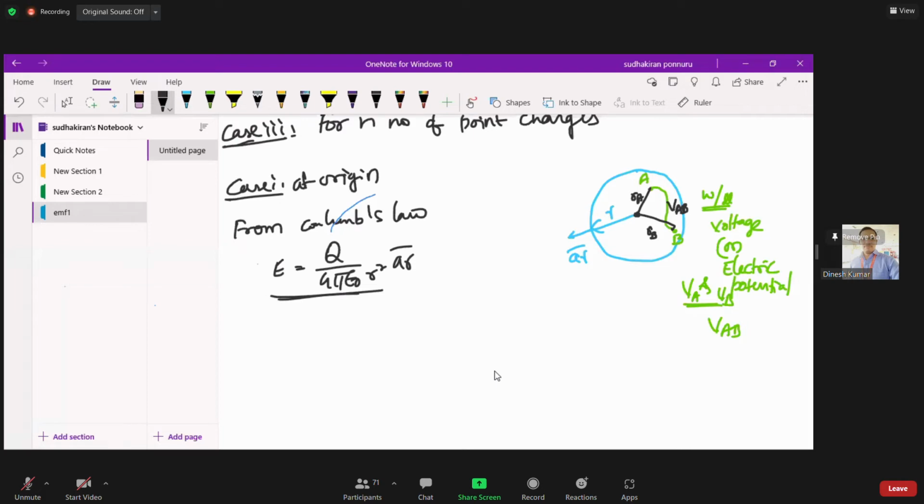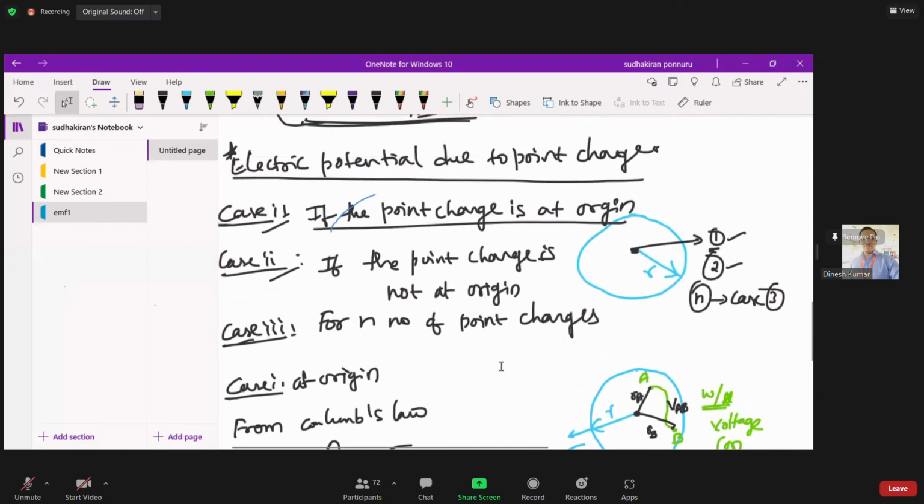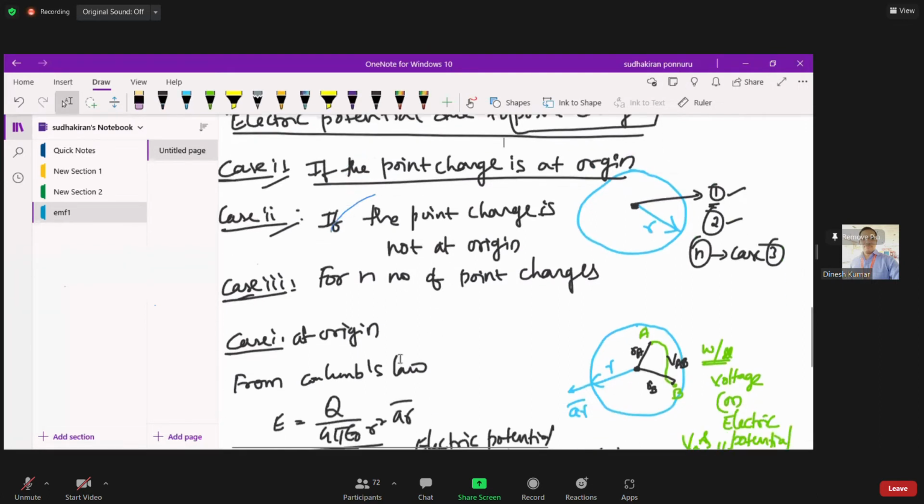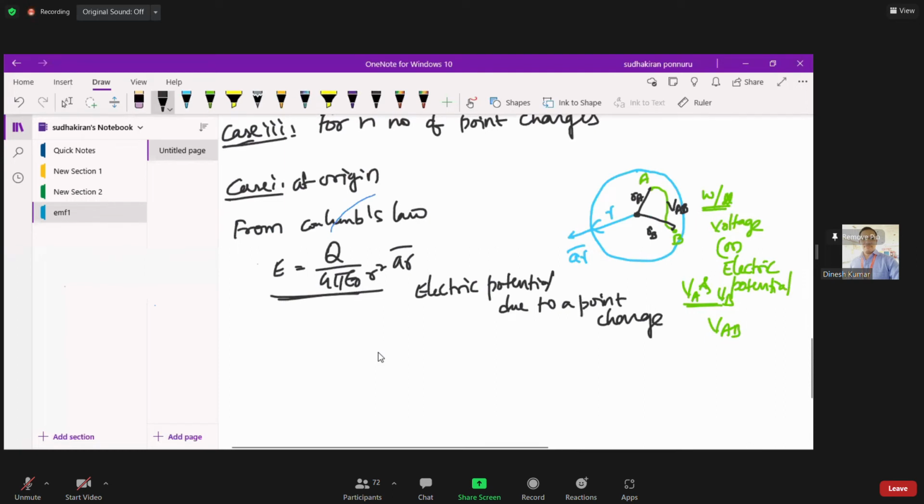Since we are dealing with the point charge, I have written the expression for electric field intensity, not potential, so it is intensity. The electric field intensity due to a point charge is given by E bar is equal to Q divided by 4 pi epsilon naught R square into AR bar.